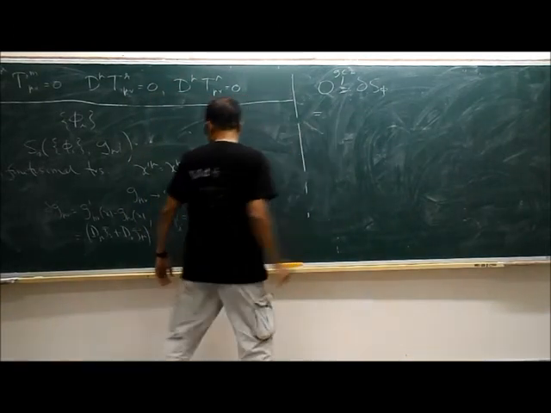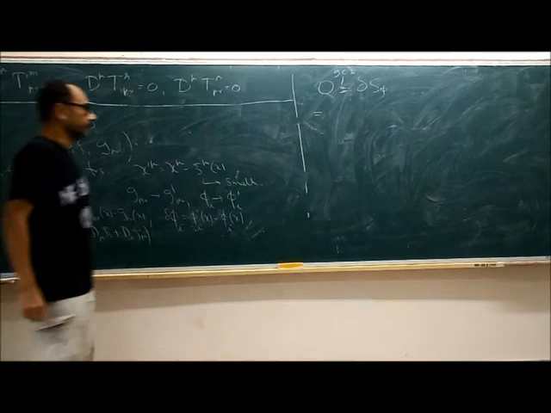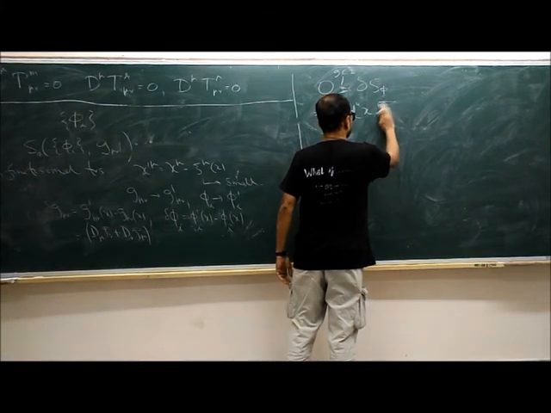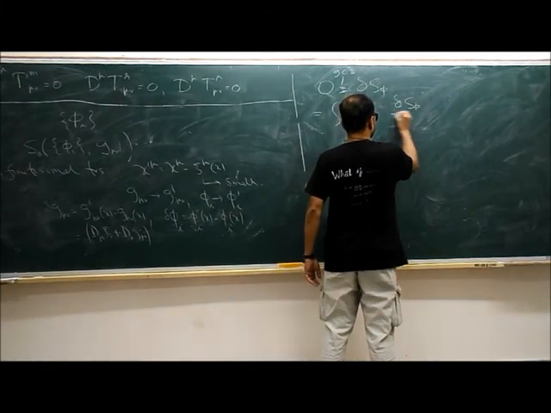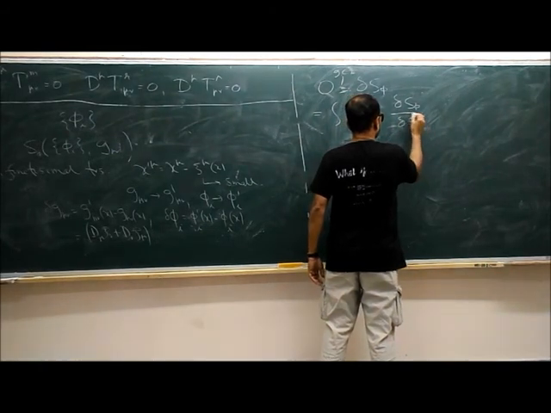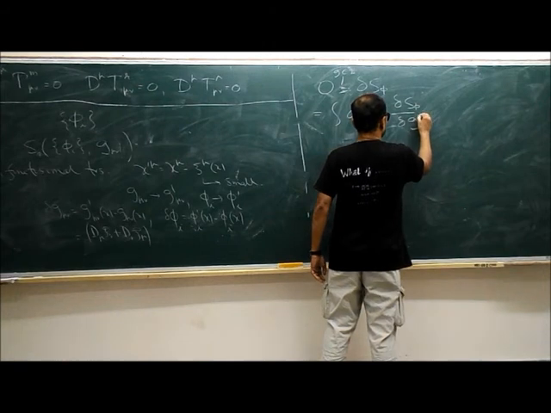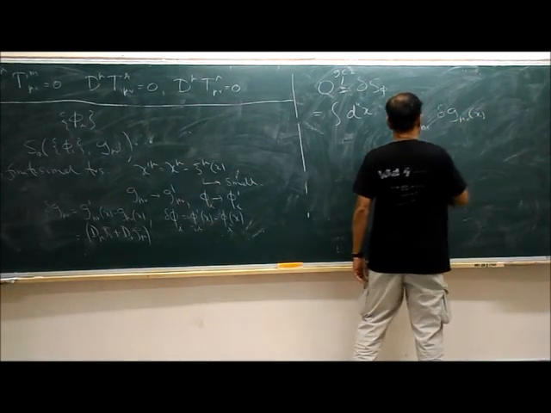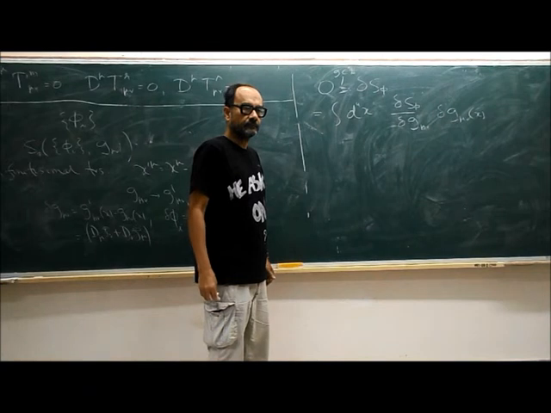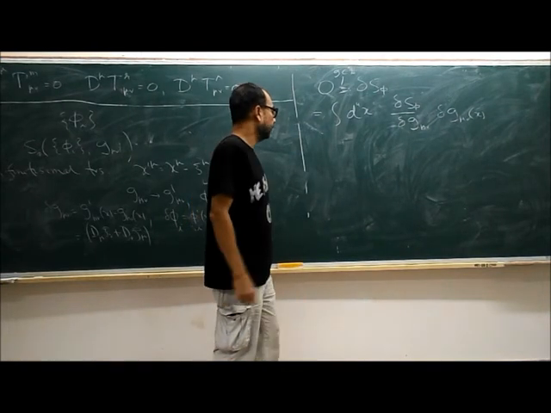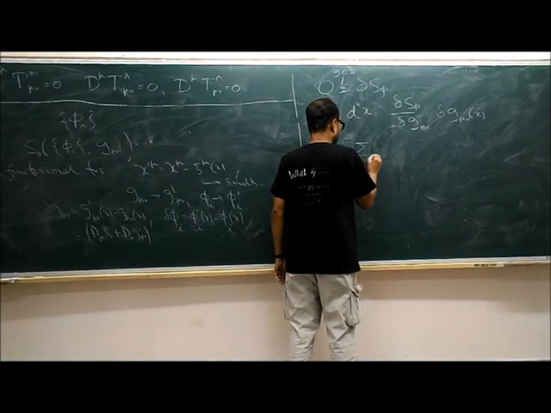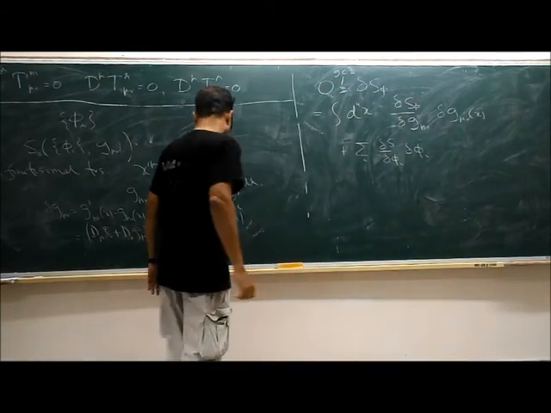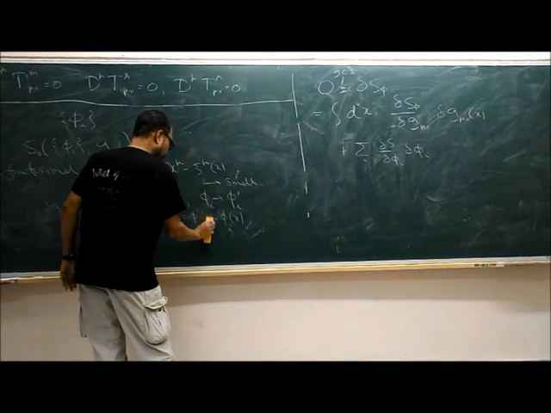But on the other hand, you can calculate delta S phi explicitly. One is the integral d4x, and then let me write this very formally: delta S over delta phi I times delta phi I. In fact, I should not call it x because you don't even know if these are fields or not.